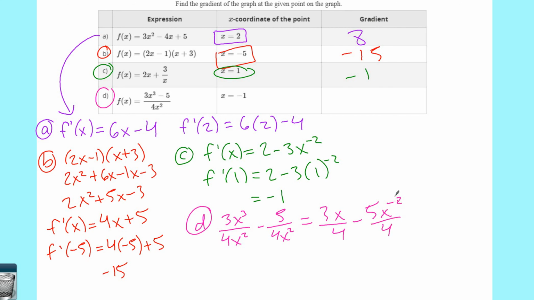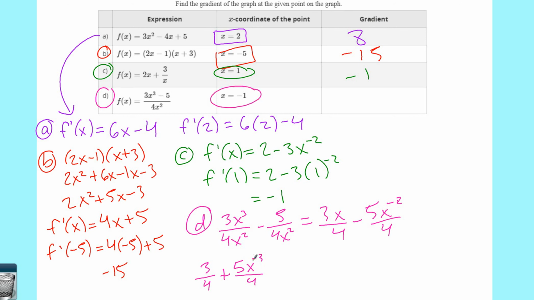It's easier with the variables on top. So the derivative is going to be 3/4. This one, a negative is going to change that to a positive out front, and we're going to get 5 times x to the negative 3 over 4.